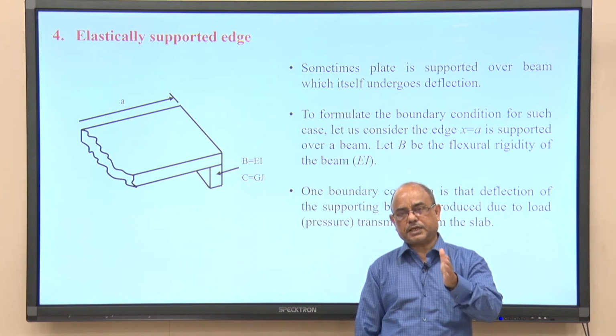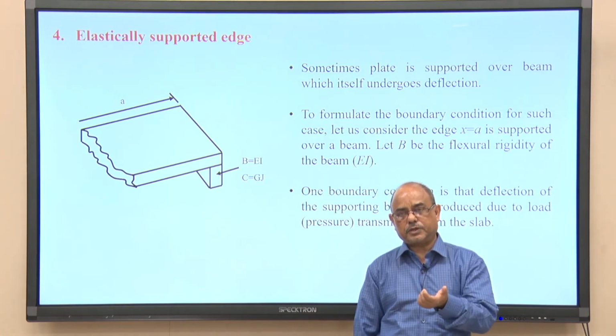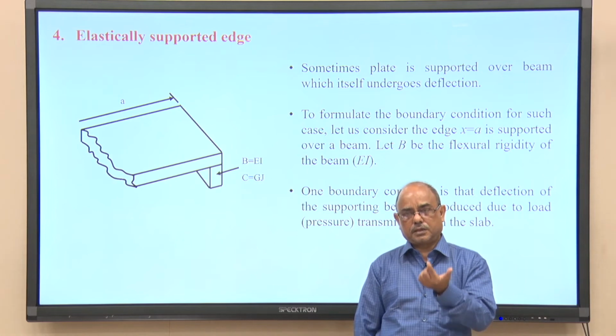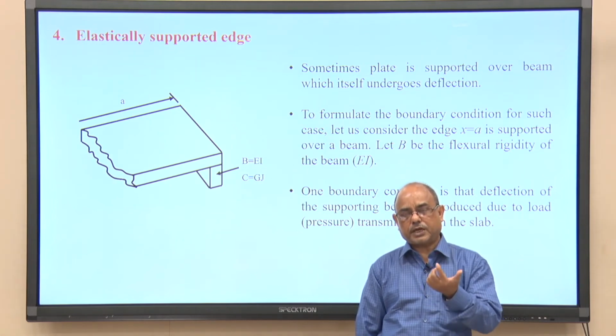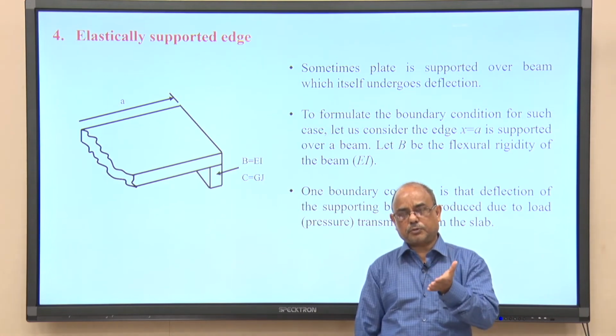Polar moment of inertia is nothing but I x plus I y. That is, I x plus I y gives the moment of inertia perpendicular to the x and y axes, but this is not the case for other types of section. It is true only for a circular section, where you can easily get the polar moment of inertia as I x plus I y.